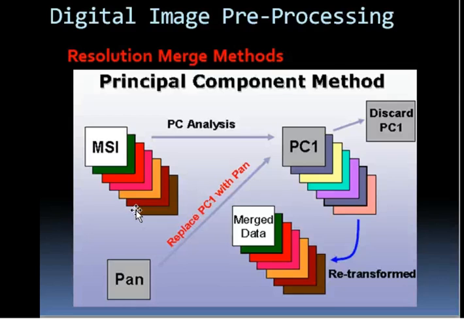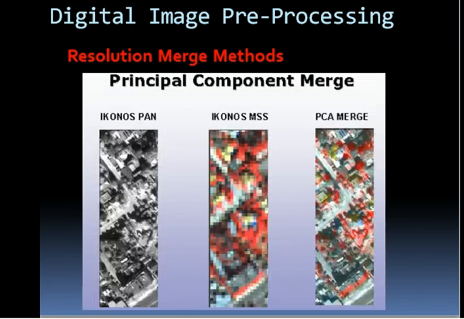And so what you would do in a principal components resolution merge is you would take this new principal components analysis image, and you would take that very first principal components band and just throw it away and replace it with the panchromatic band. And so now when you bring this panchromatic band back in and you retransform that data, you end up with an image that no longer has any of its original color values, but it is sharpened and enhancing the spatial variability based on that principal components analysis transform that you've completed.